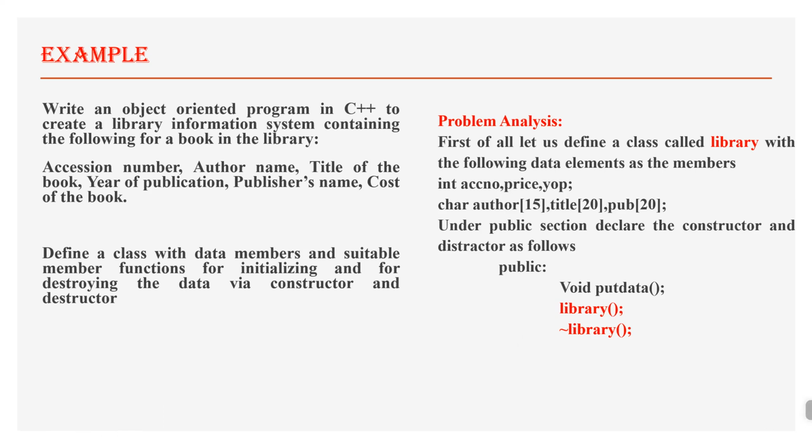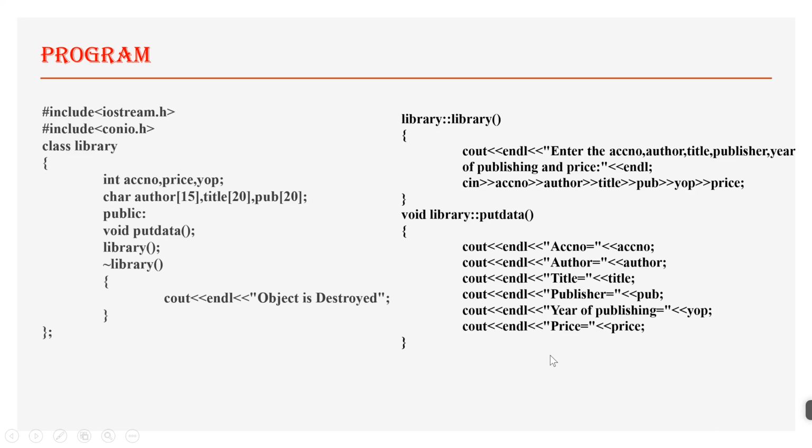The program we are going to write will clearly indicate the importance of a constructor as well as the importance of a destructor. As I've already mentioned, I'm declaring a class called library, wherein I'm taking three integer data members, accession number, price, and year of publication, and three character data members: author, title, and publisher. So 3 plus 3, 6 data elements.